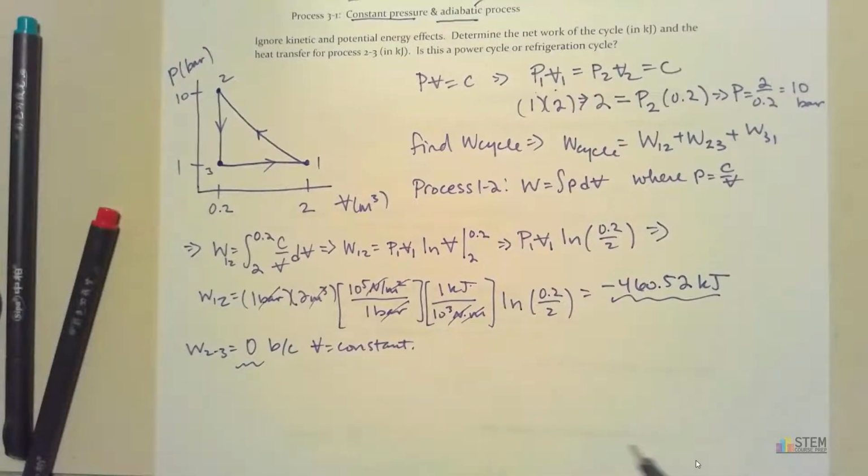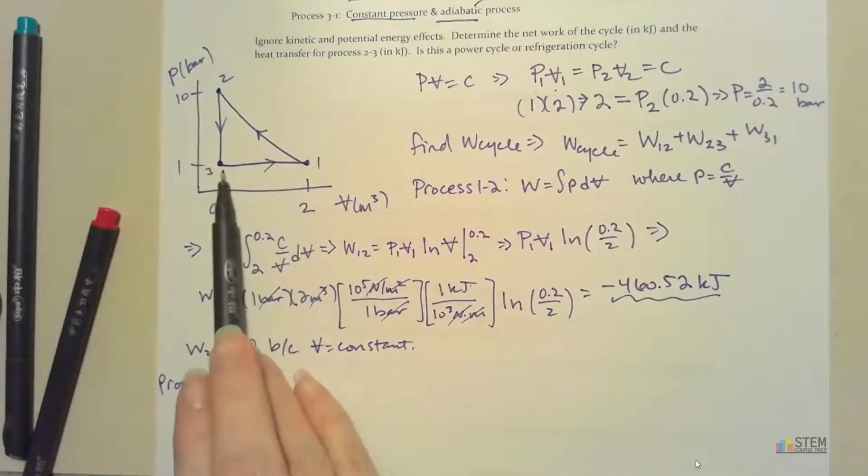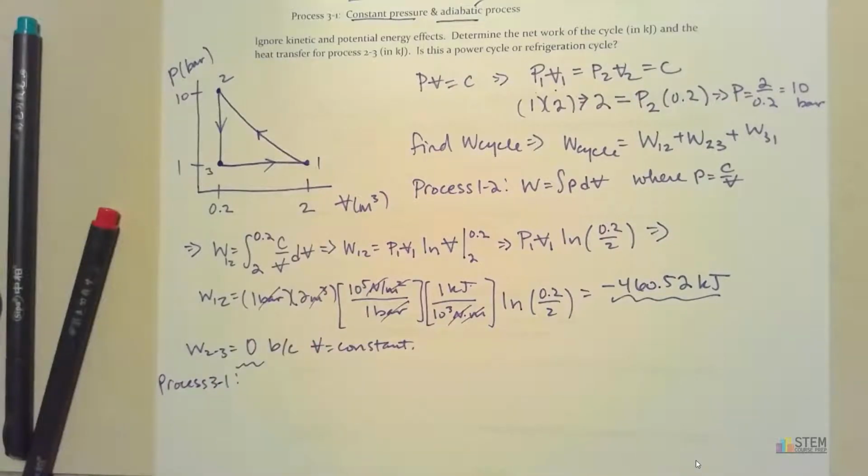Now, last one is going to be for process 3-1. Now this one we do have a volume change. We're going from 0.2 to 2, so we're expanding at this point. Now we know P is constant here. The value is 1.